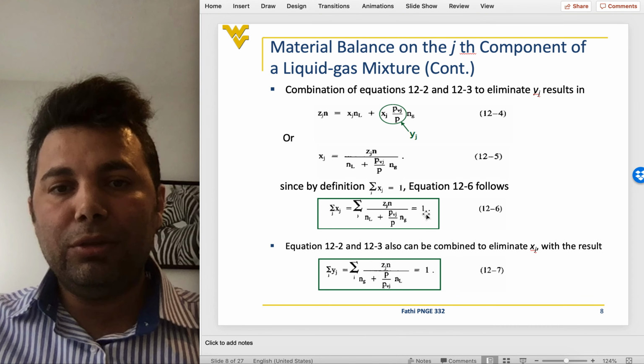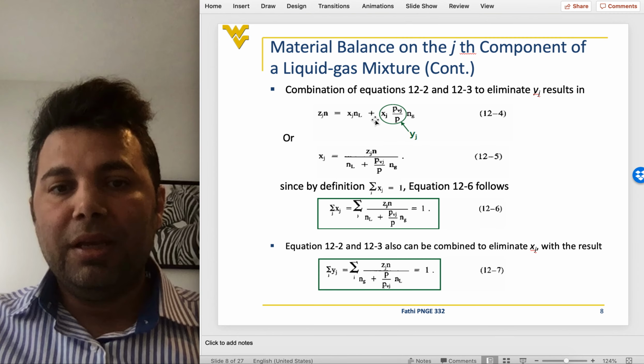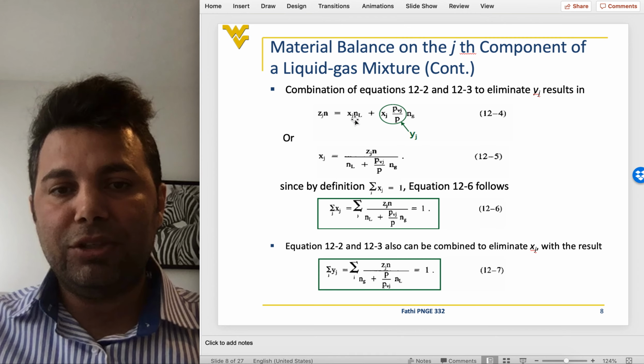And then, here I'm going to replace the Yj with Xj times PVJ over P. Then I can solve this equation for Xj, so I can factor the Xj out.